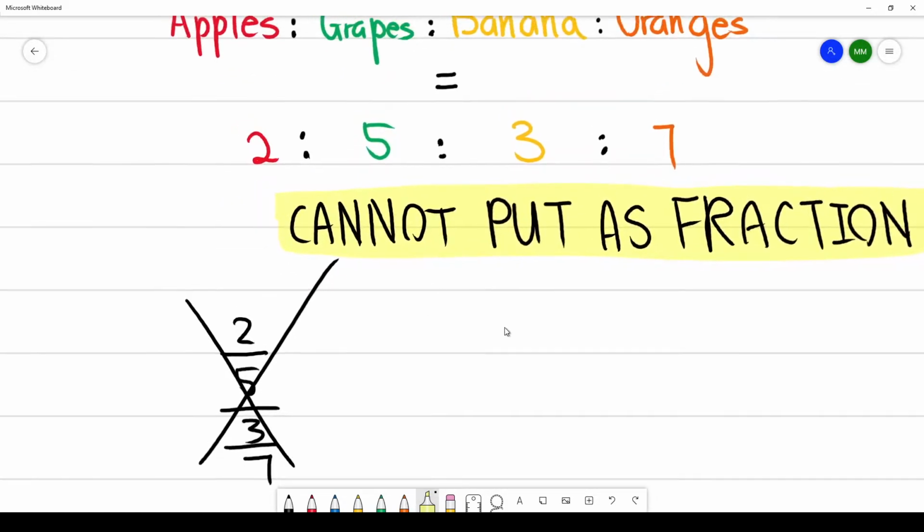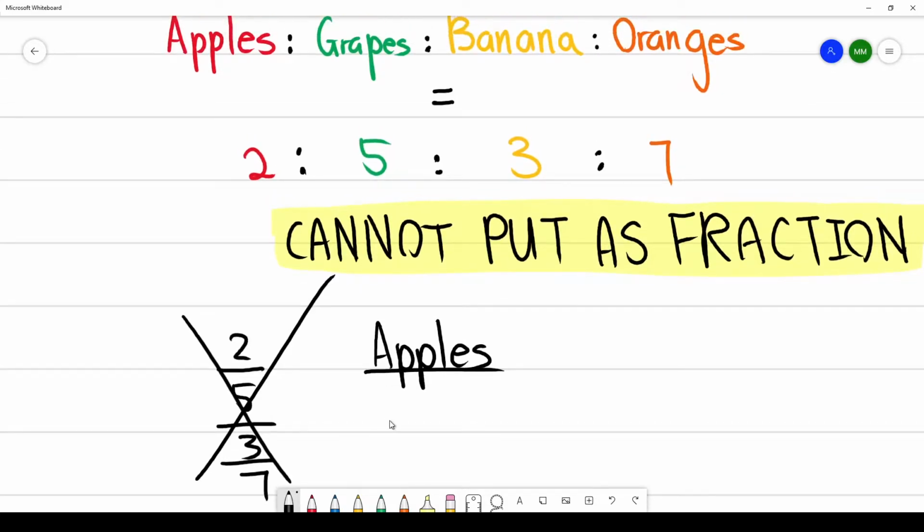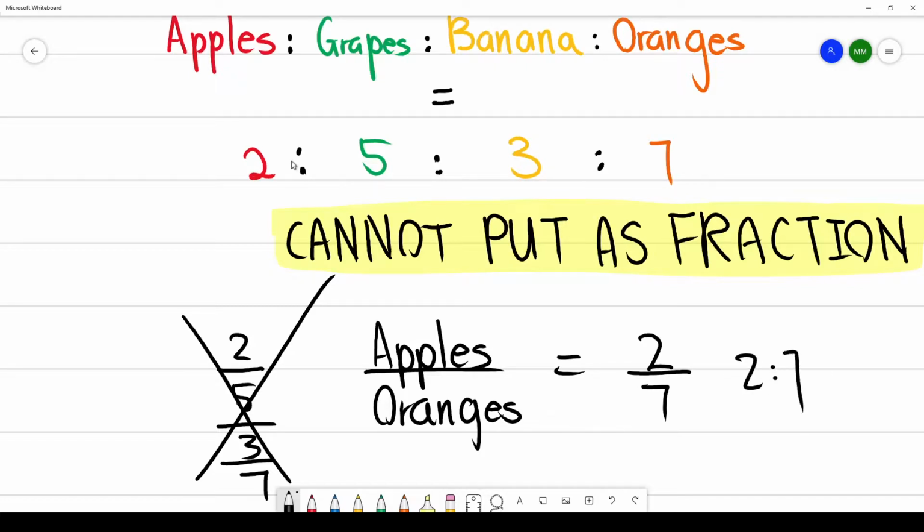But what you can do is apples over oranges. Now you can do that. And what is that equal to? Well, that's just equal to 2 over 7, or 2 to 7. So apples to oranges.